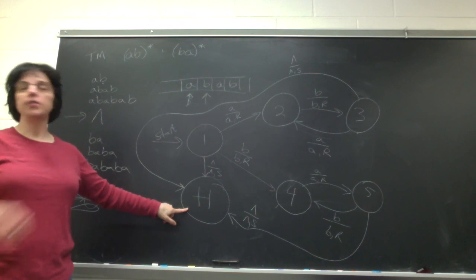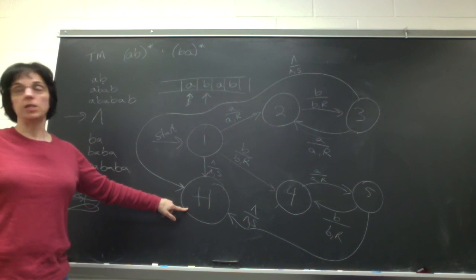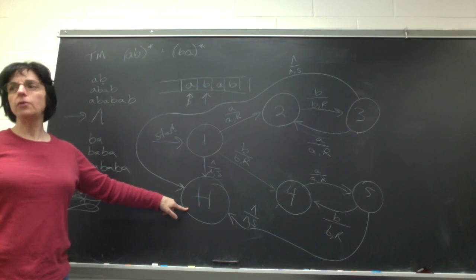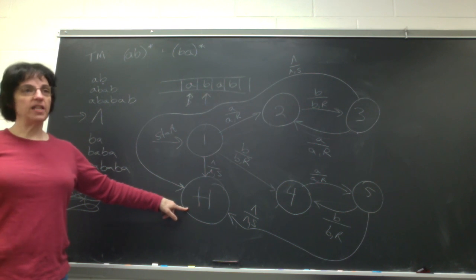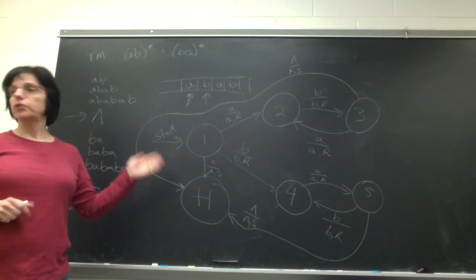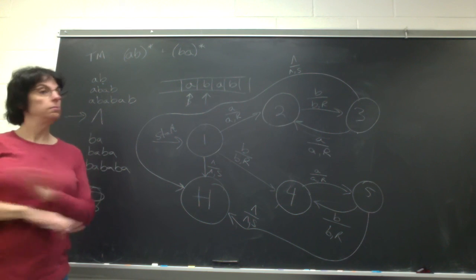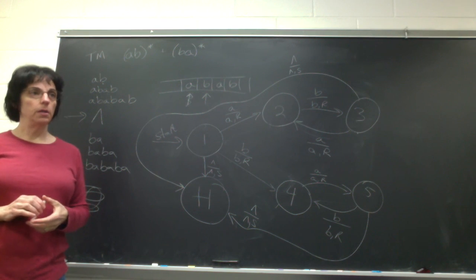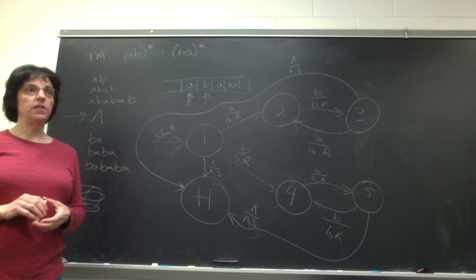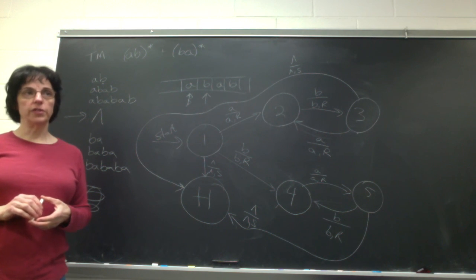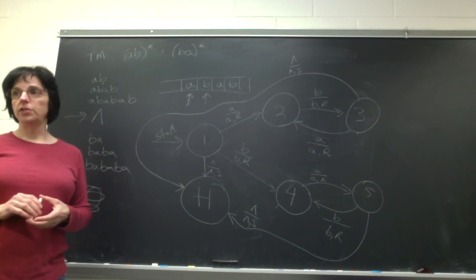Go straight to the halt. Doesn't matter if there's 5,000 characters in my string. If my language is start with an A and then anything after it, and I go to halt, I just look at the first letter. If it's an A, I'm good. I'm done, I accept. You guys with me? It's different. It's not a double circle anymore. It's just a stop.